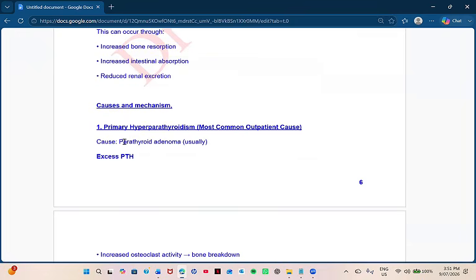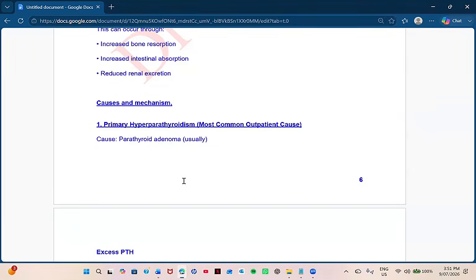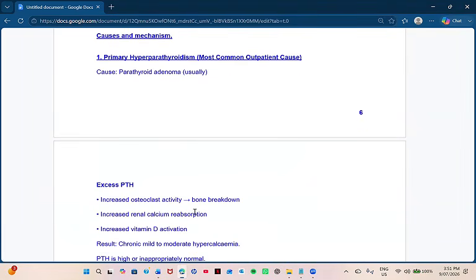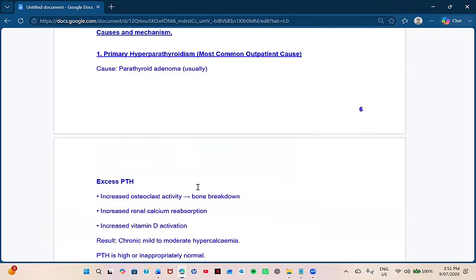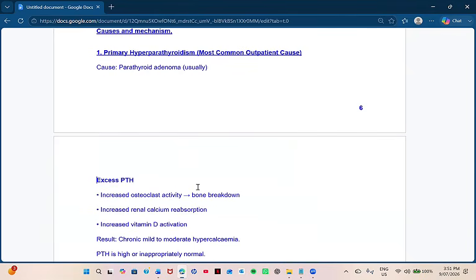The problem is parathyroid adenoma, right? So excessive parathyroid hormone. What is happening here?